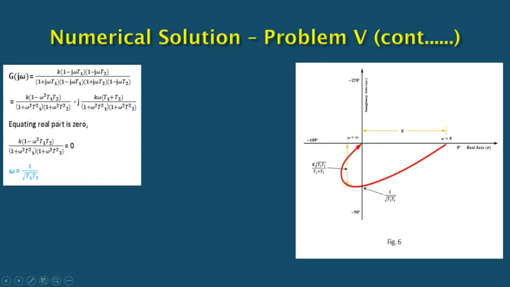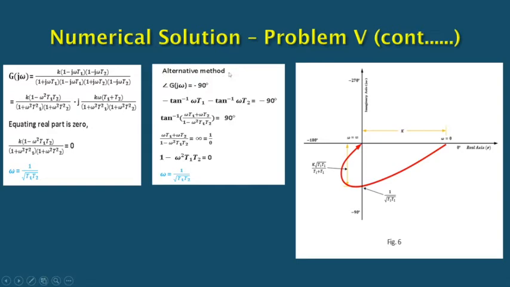Then separate the real and imaginary parts. If we calculate the intersecting point of the imaginary axis, that means at that point the real part is 0. So equating the real part equal to 0, from this equation calculate ω. ω equals 1 by root over T1 into T2.